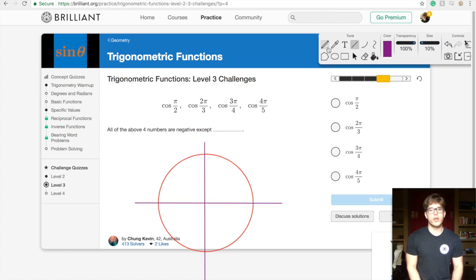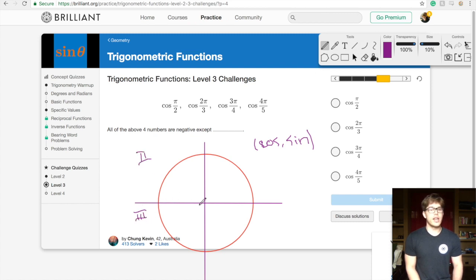Our unit circle is always written in what? Cosine, comma sine. So cosine is our x value. So anything in the second and third quadrant is going to have a negative cosine.